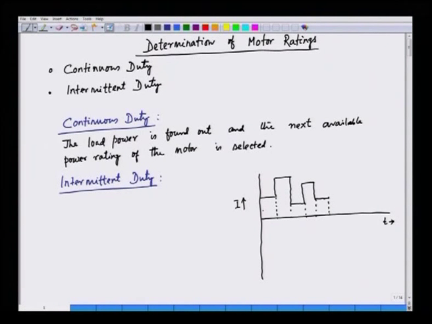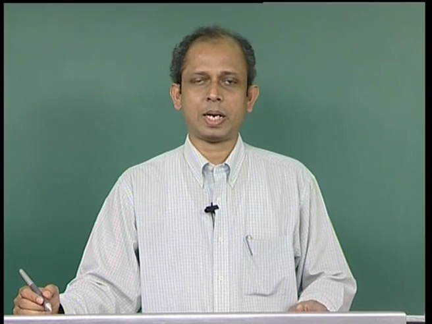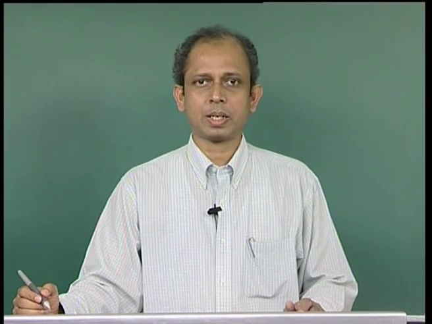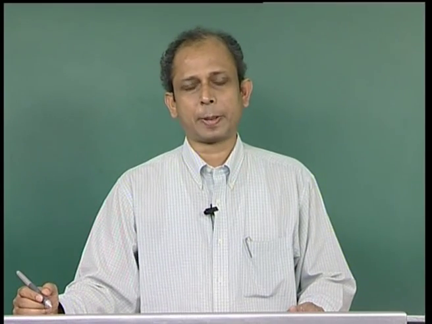So, this is basically for T1, this for T2, this for T3, for T4, then T5. So we have a fluctuating load, and the load is taking various currents, I1, I2, I3 and so on.